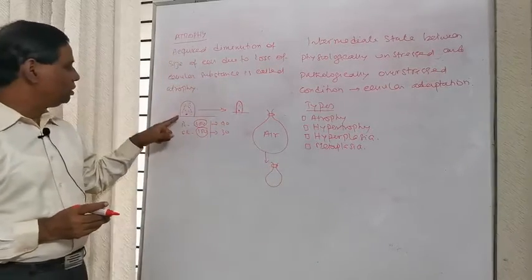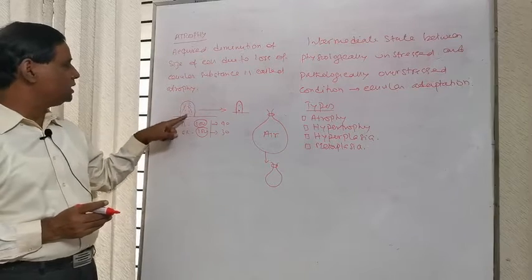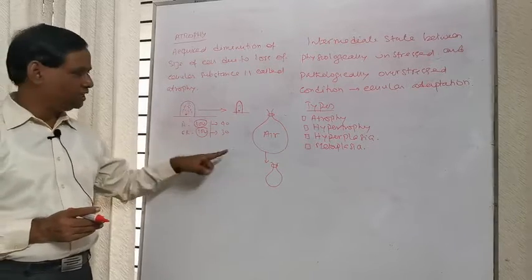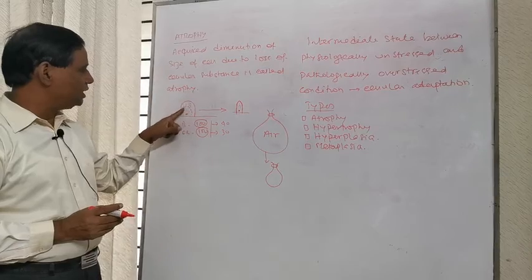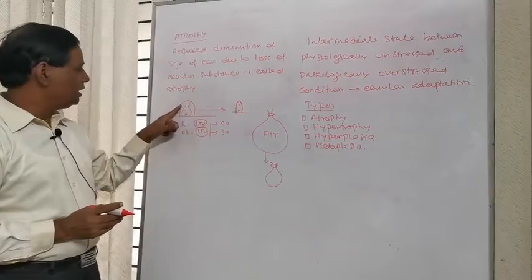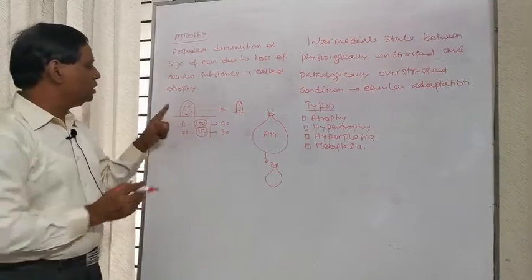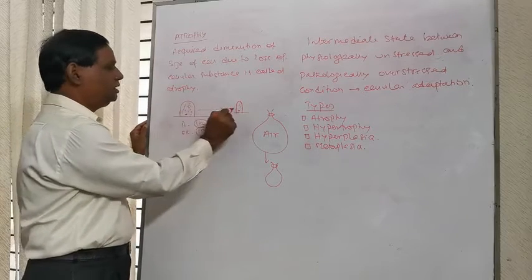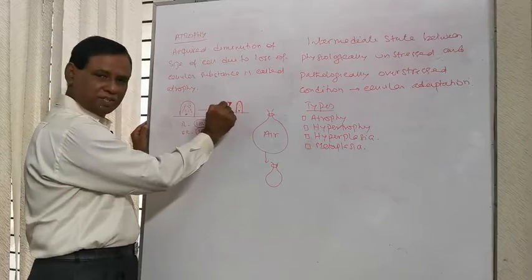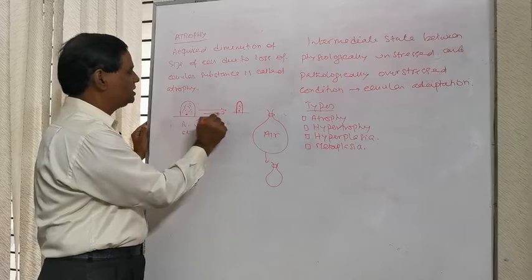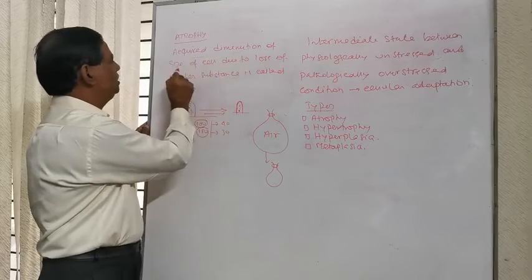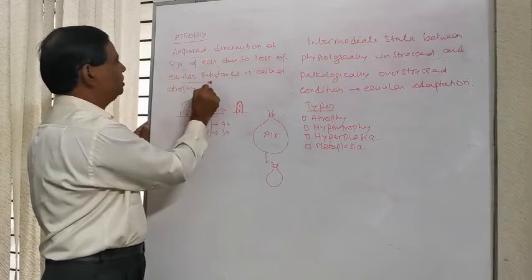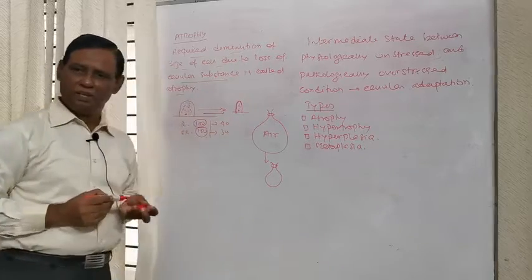You know the membrane of the cell has got elasticity like the balloon, and the organelles are like the air. When the amount of organelles is decreased, due to elasticity of the cell membrane, it reduces in size to accommodate this. So there is reduction of size, and this is acquired diminution of size of cell due to loss of cellular substances, called atrophy.